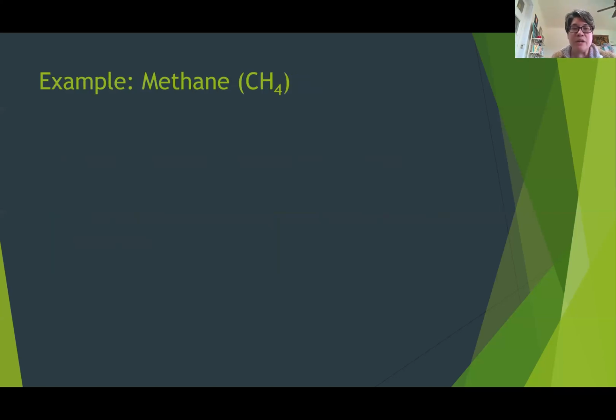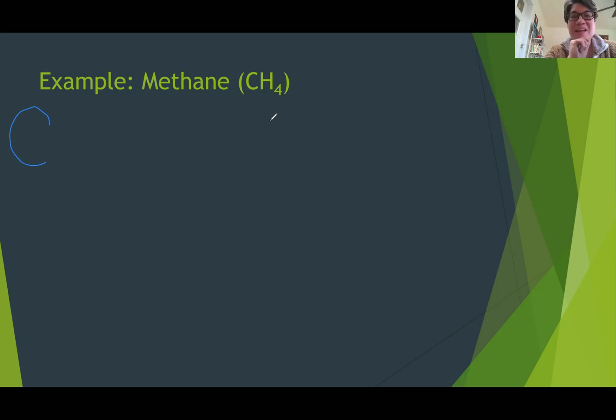And so here is an example with methane, which we've looked at before, and this is CH4. The first step that we said was we look at how many total electrons we have. So I'm going to draw this over here. Carbon has 4 valence electrons, right? So I'm going to write a 4.